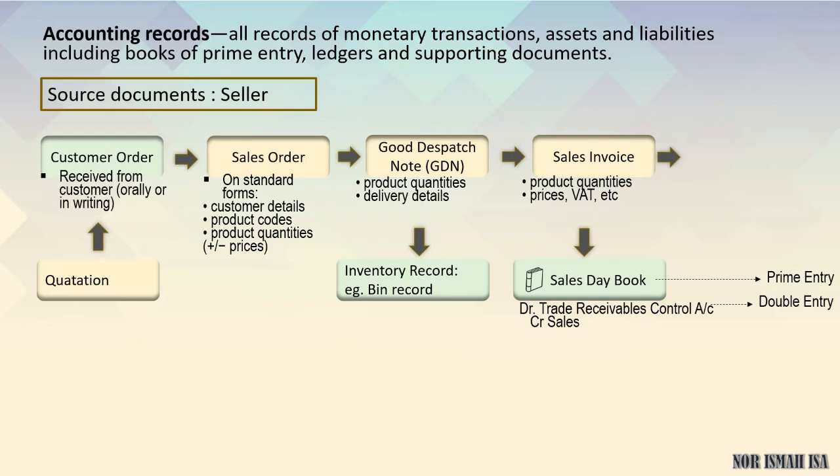When transferred to the ledger, this transaction should be debited to the trade receivable control account and credited to sales. And at the same time, when the seller records in the sales day book, the memorandum ledger should also be updated about the amount owed by the receivable.